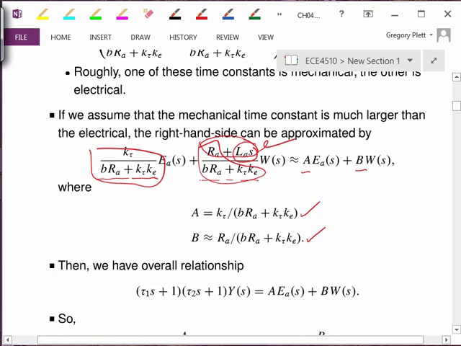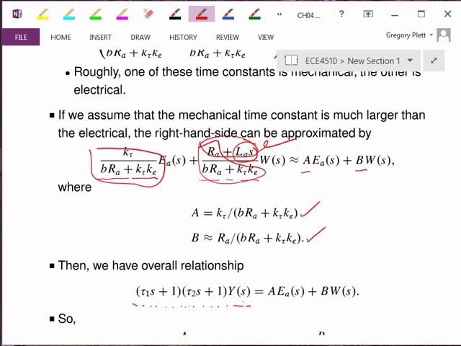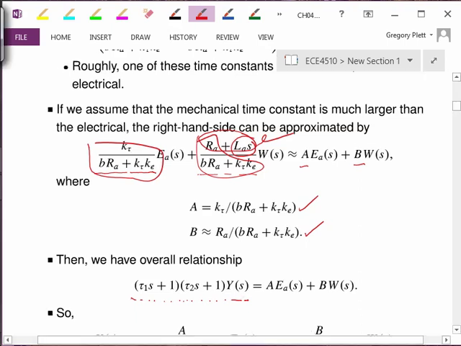So at the end of this example, what we have is this relationship. We have some time constant times S plus 1 times another time constant times S plus 1, all times the output, equals A times the input voltage plus B times the input load torque disturbance.